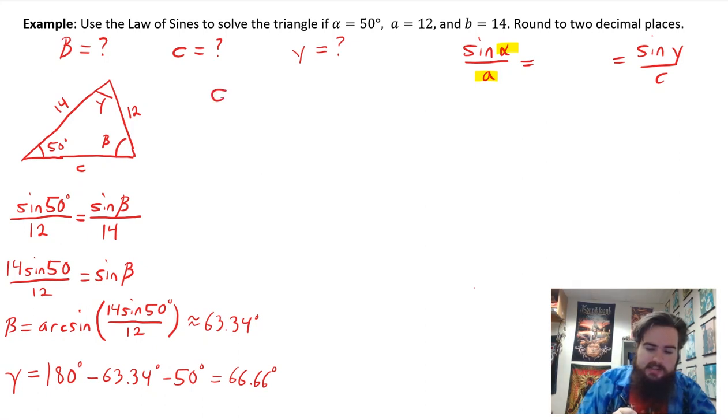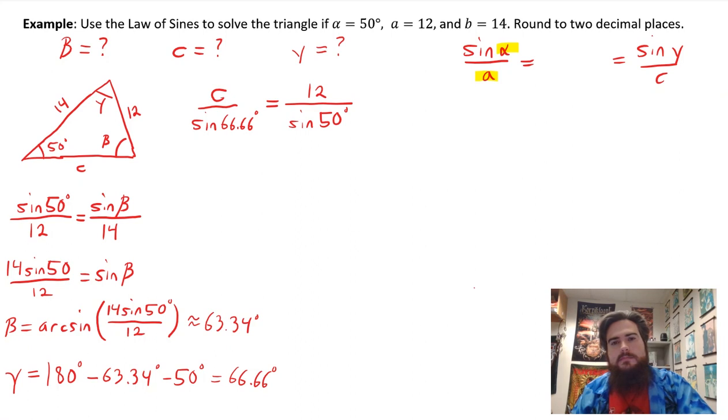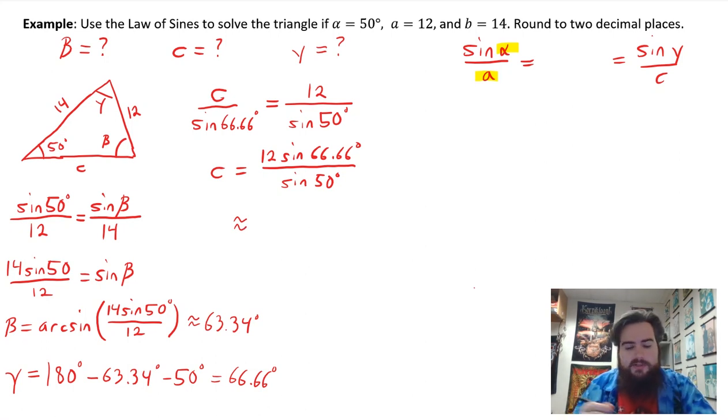So I will say C over sine of the angle measure across from C is gamma, which I now know is 66.66 degrees, is equal to, if I structured side lengths to be on top, that should be true for all ratios, 12, the side length for A, over sine of the angle measure across from A. If I solve for C there, that now means that 12 times sine of 66.66 degrees divided by sine of 50 degrees will allow me to approximate and solve for C.